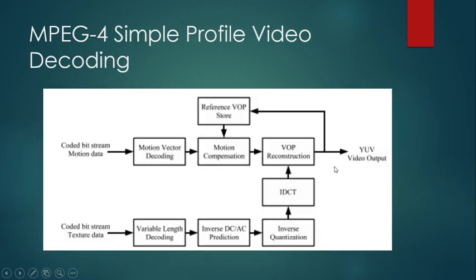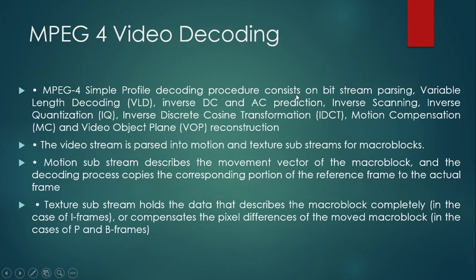And in the decoding also, we separately receive the output from the encoder for the motion data and for the texture data, and you can see the decoding part. It is a simple type of decoder which gives the YUV video output. It consists of bit stream parsing, separately for both the motion vector and the data from the macro block.